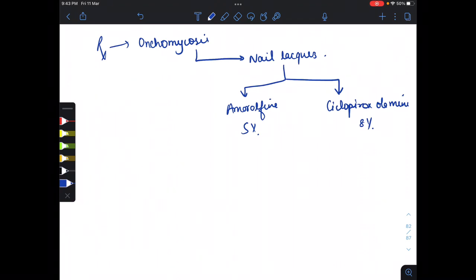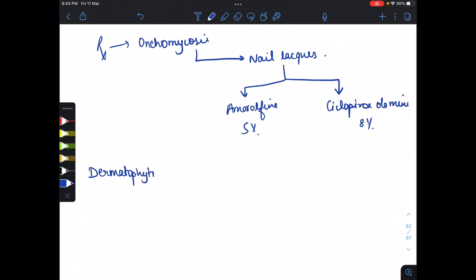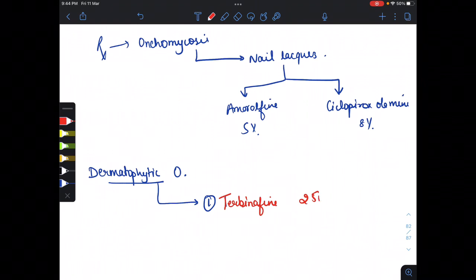Now the treatment of dermatophytic onychomycosis. For dermatophytic onychomycosis, we have to give terbinafine. The drug is terbinafine, which is 250 milligram OD.